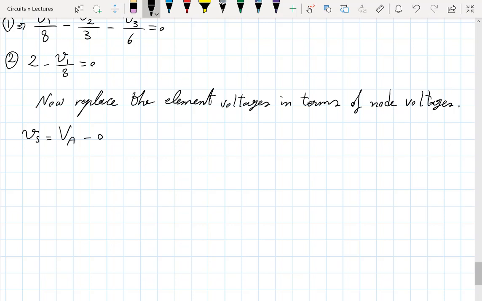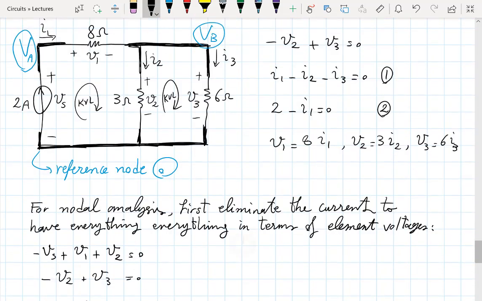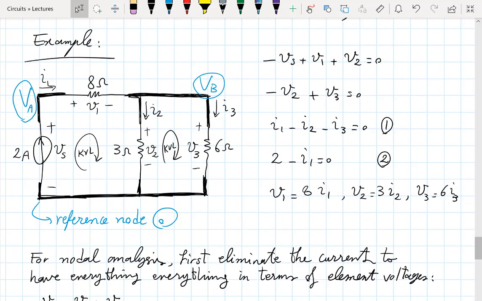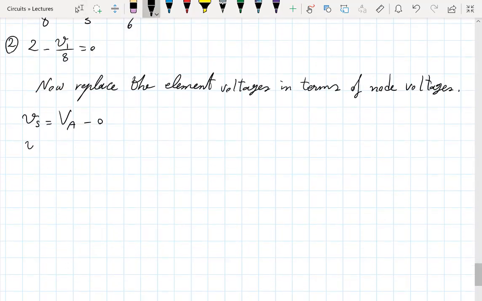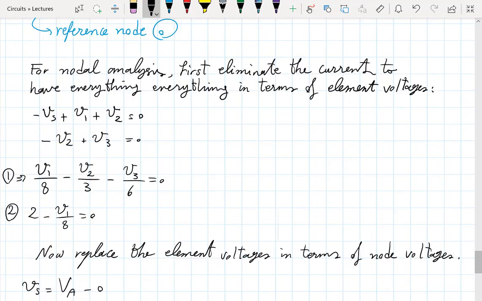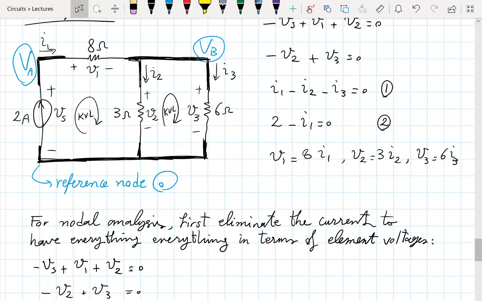What is V1? It's like the example I had. V1, little v1 is capital VA minus capital VB. V2 and V3, which turn out to be equal, are just VB minus 0.